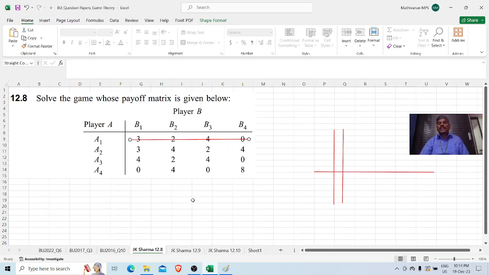We can conclude that strategy B3 is dominating strategy B1 because B3 strategy results in less loss. So what we will do? We will eliminate B1. The resulting matrix is a 3 cross 3 matrix: 4 2 4, 2 4 0, 4 0 8.